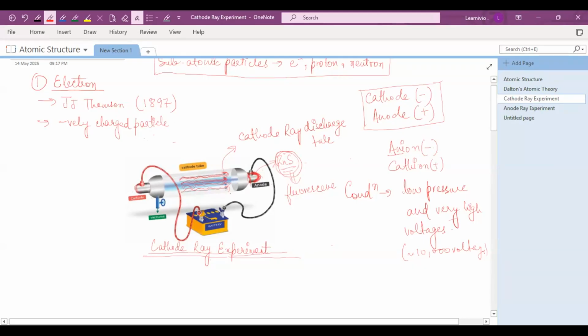So when these rays, after passing through the anode, strike the zinc sulfide material, a bright spot is developed on the coating, right? So he observed that there is something coming from the cathode towards this anode, right? Clear or not?